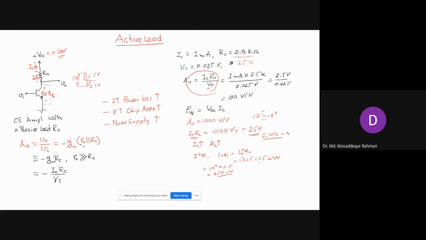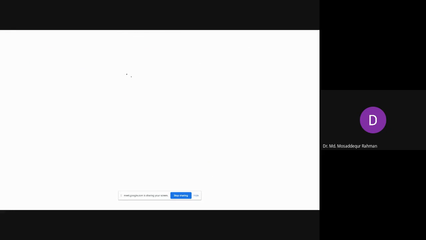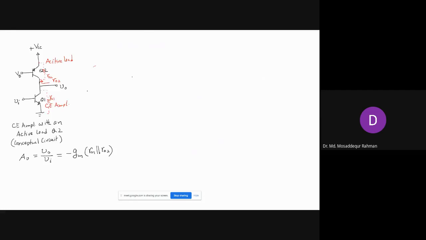So now this r0 is our r01, and instead of RC we have r02. So that's the same expression, and that's the gain expression.